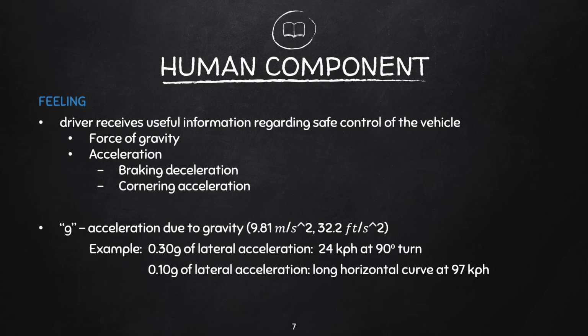So here are some examples. During a 90-degree turn at 24 kph, the driver experiences 0.3 G of lateral acceleration, and 0.10 G of lateral acceleration for a long horizontal curve at 97 kph. Those are some of the forces felt by the driver while traversing a road.